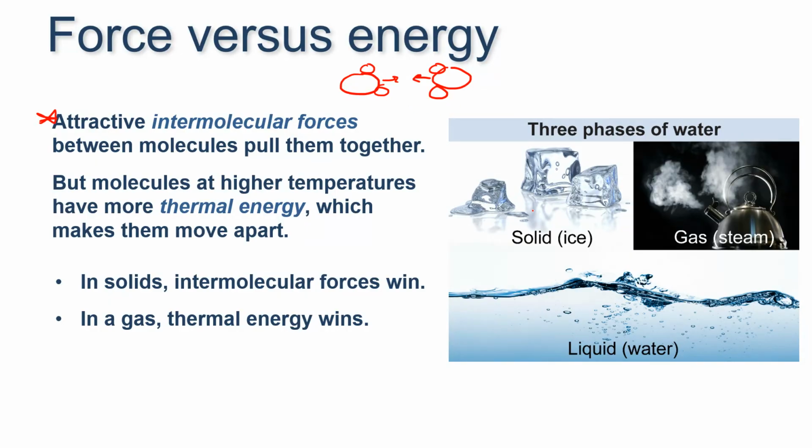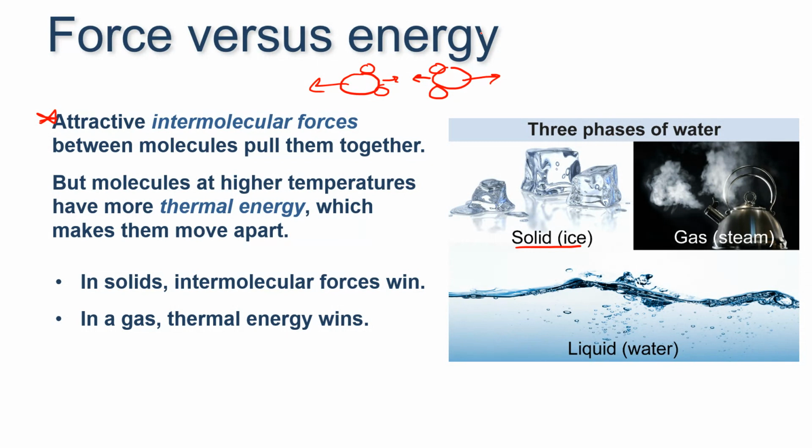Now, if they lack kinetic energy, they will layer right on top of each other and form ice, right? But if they have a little bit of kinetic energy, they have a tendency to want to move this way and move this way. So they'll pull apart from each other, but then the intermolecular forces kind of pull them back together. So they kind of oscillate like this. They move back and forth like this.